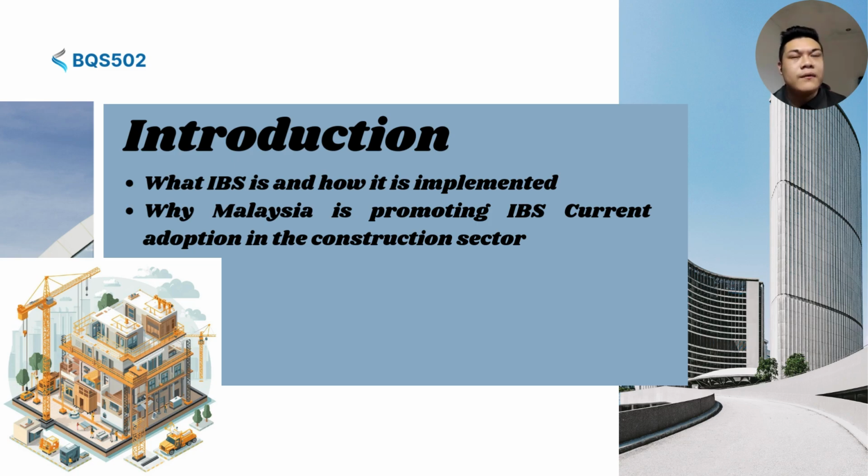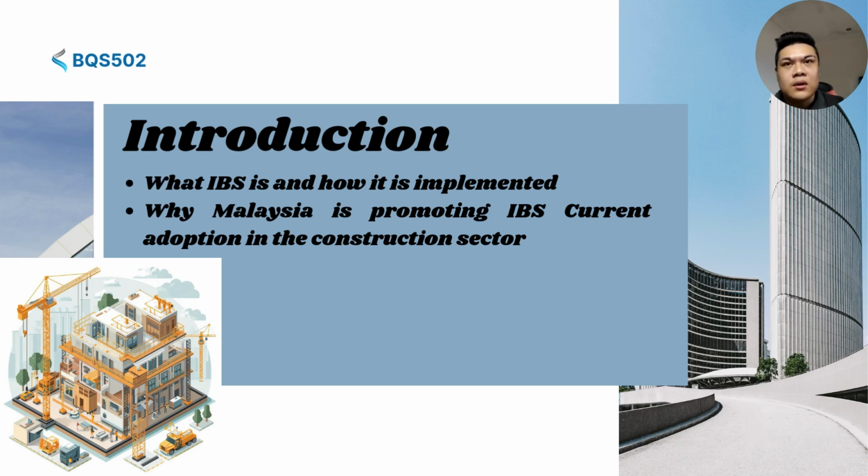The components involved are precast walls, beams, columns, staircases, and any other modular units that are produced using machinery in the factory, which reduces human error and allows mass production. Next is how is it implemented?